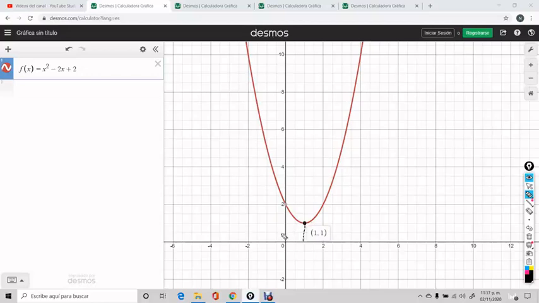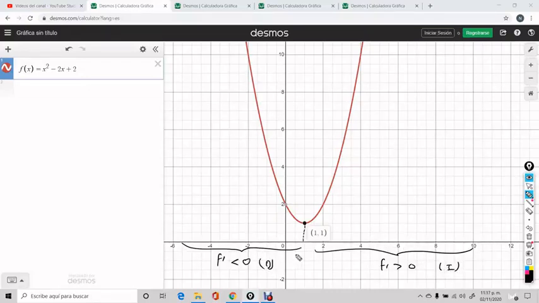According to the sign of the derivative, if you get that f prime is negative, that means that the function is decreasing. And if in that zone you get that the derivative is positive, that means that the function is increasing.